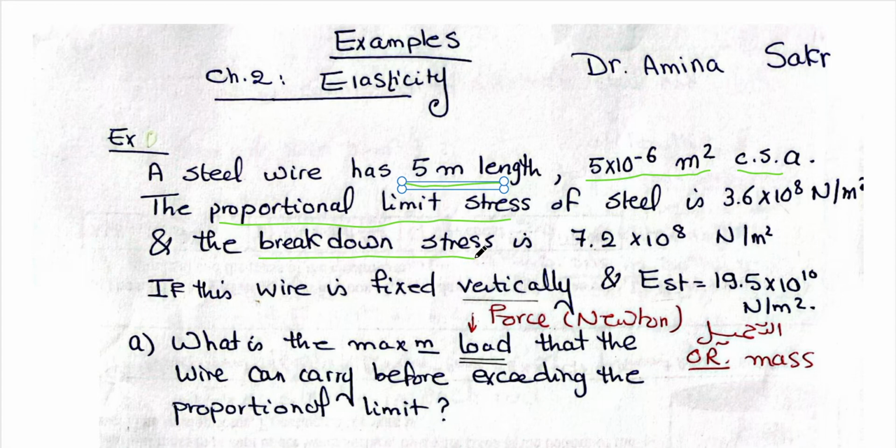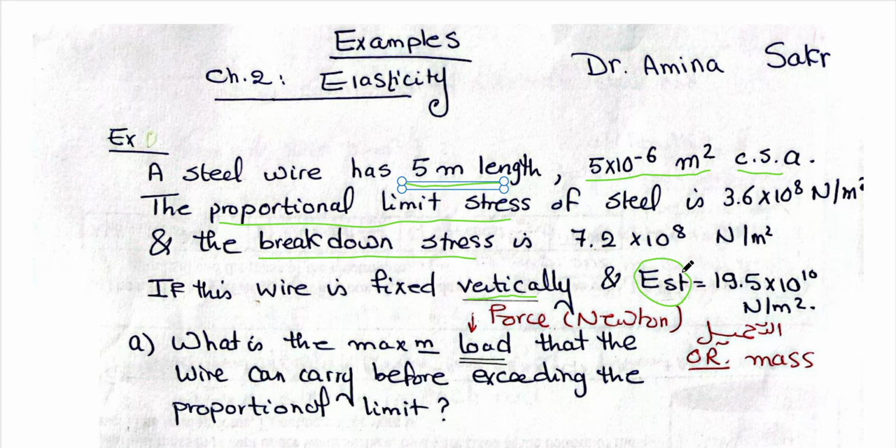If this wire is fixed vertically to the ceiling, and E steel equals 19.5 multiplied by 10 to the power 10 Newton per meter squared. E means Young's modulus of the steel.